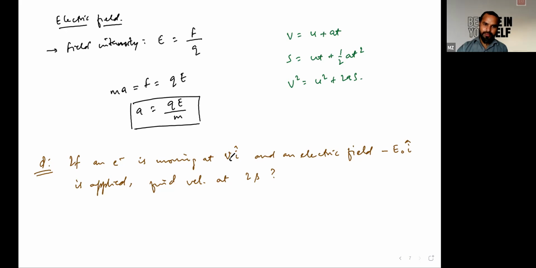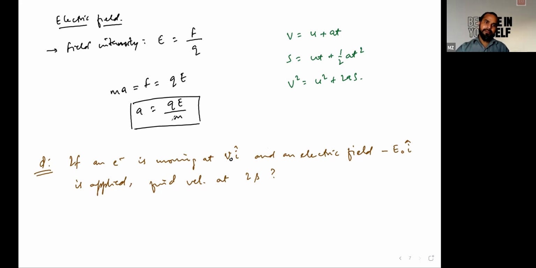This is your v0, the initial velocity. So the mass is m only.